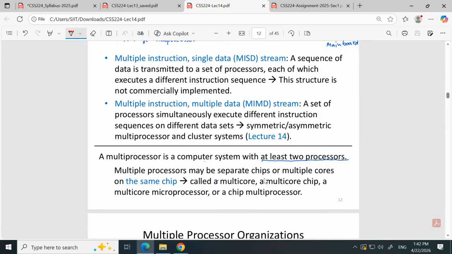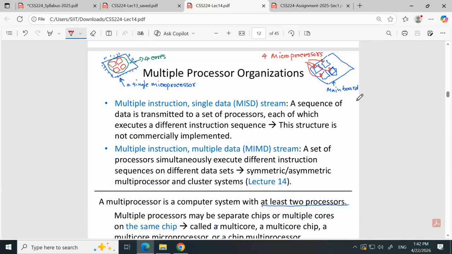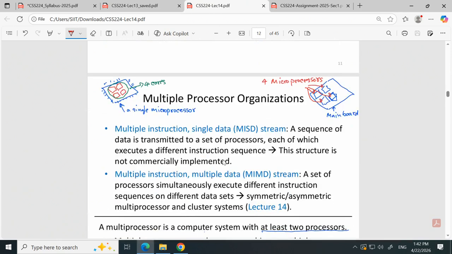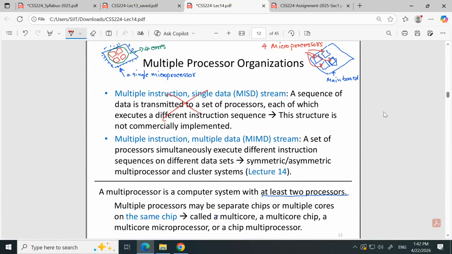Today we're going to focus on MIMD, because you have already learned this one, and this one is going to be in lecture 15. And this guy is not available, so we don't need to talk about it. But it's good for you to know what it is.